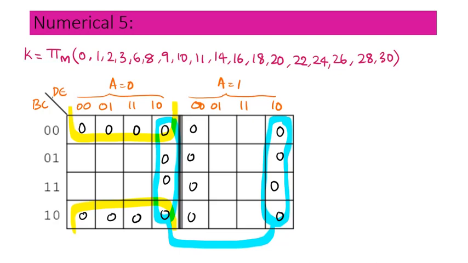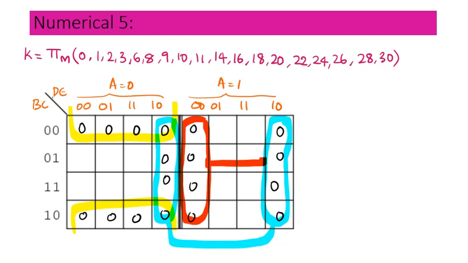Then you can form a group with A is equal to 1, that is the red group and the blue group. So the concept of adjacency remains the same as in the minterms. Kindly refer to that tutorial if you want to understand how the mapping is done in the case of the 5 variable Karnaugh map.